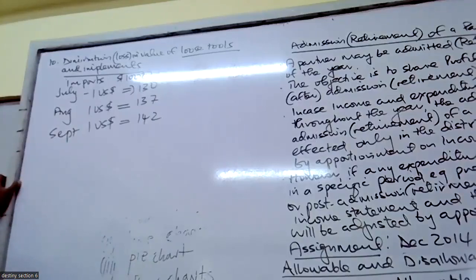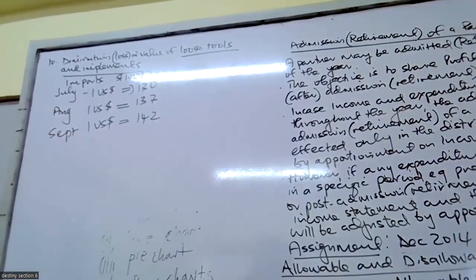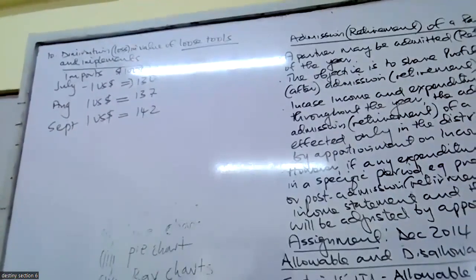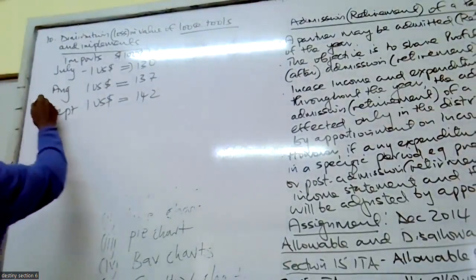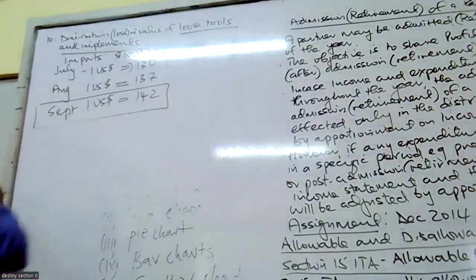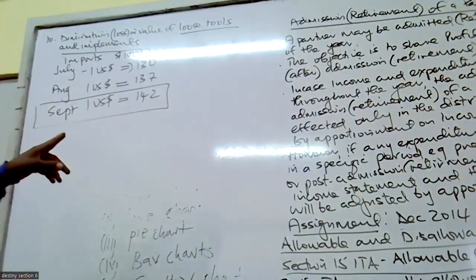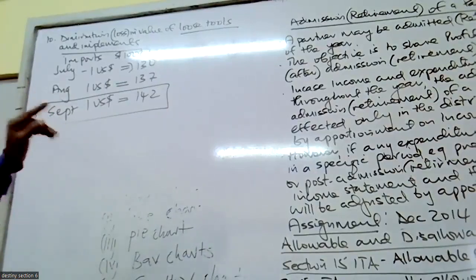Now, in July, what they owe for the imported goods is 130,000 Kenyan shillings. It's 130 times $1,000. So they owe 130,000 as a debt. Let's say the debt is supposed to have been cleared in September. In August, the accountant will recognize a loss because the debt is now swelling. The debt is now 137,000. But that is unrealized. It cannot be deducted because they've not paid anything, so they've not lost anything.